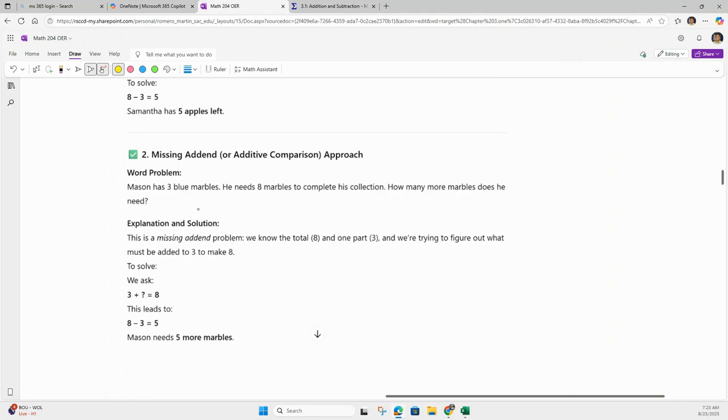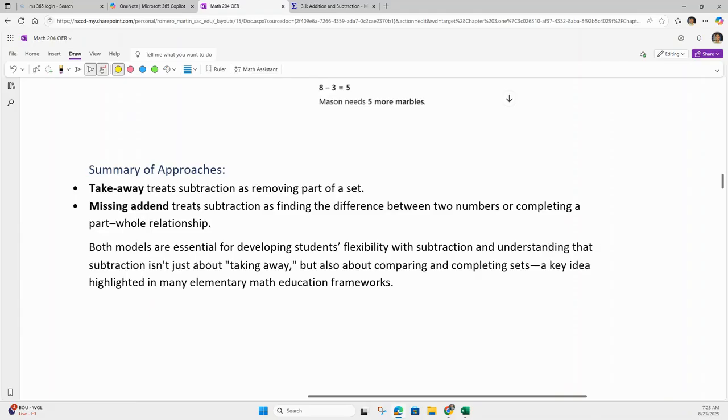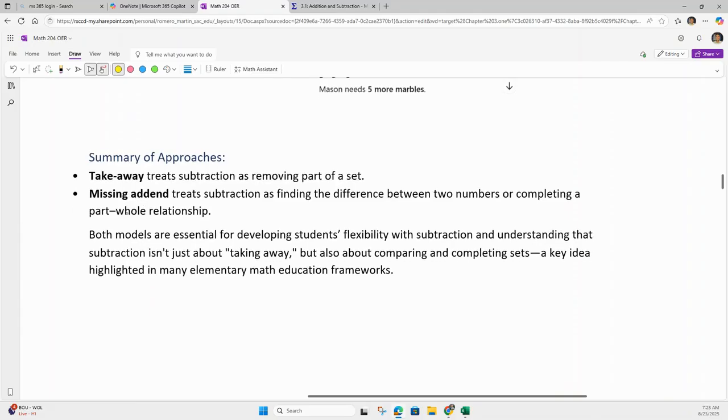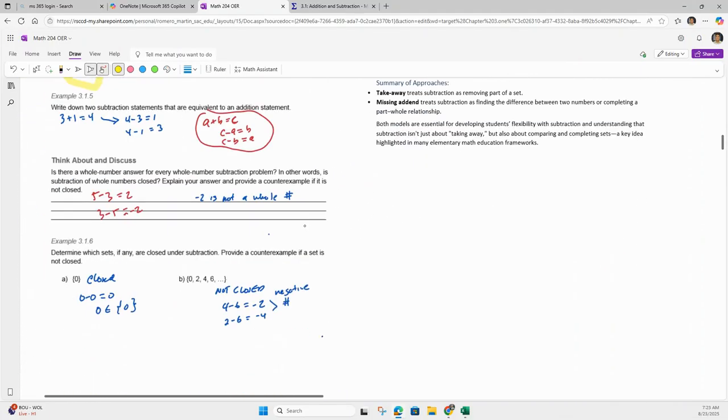But just look at the wording of the questions. I wanted to see what a chat bot would give me. And then it did a nice little summary for me. Takeaway treats subtraction as removing, missing add-in treats subtraction as finding the difference between two numbers, or completing a part-whole relationship, right? I'm looking for that add-on. So something to think about there as we do that.